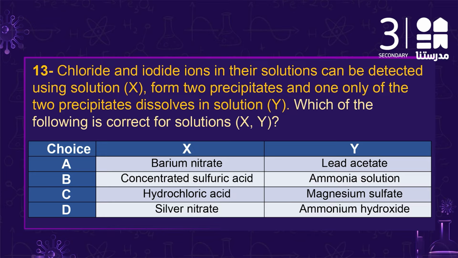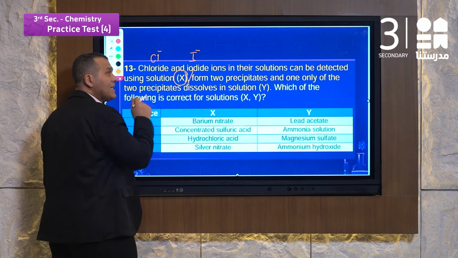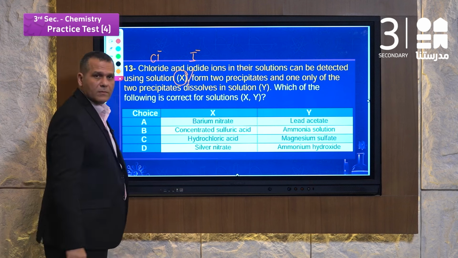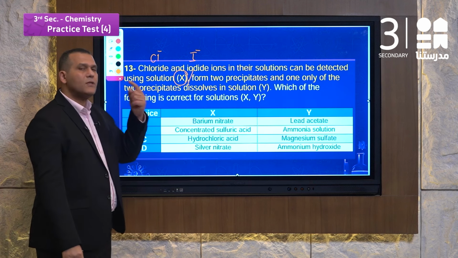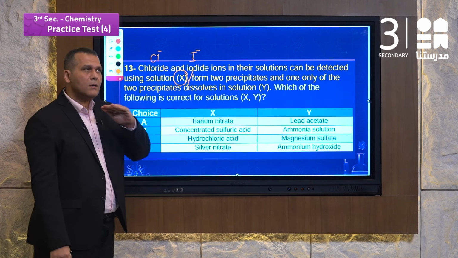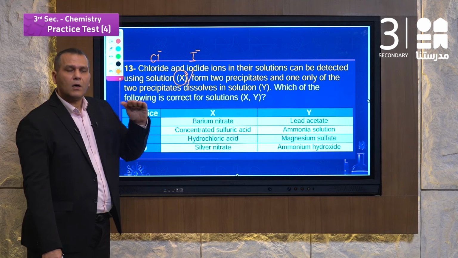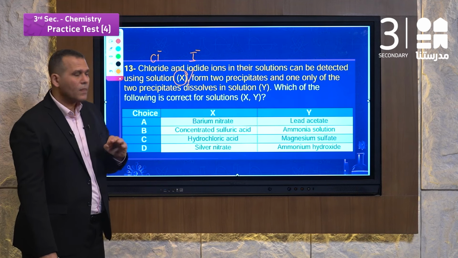The next question. Chloride and iodide ions in their solutions can be detected using solution X. This means solution X can detect chloride and iodide, both in the same group. Detected by hot concentrated sulfuric acid, they give gases.